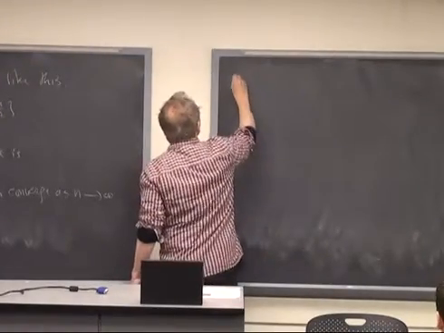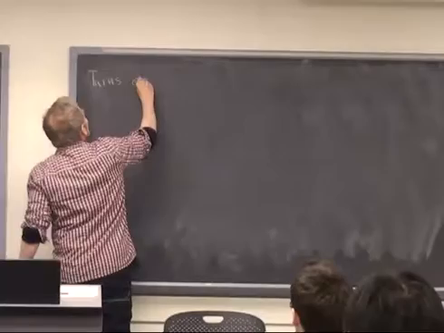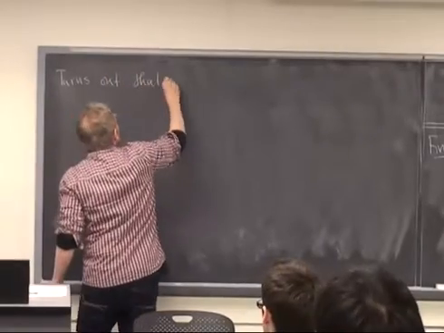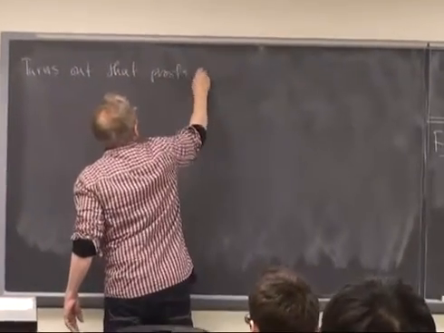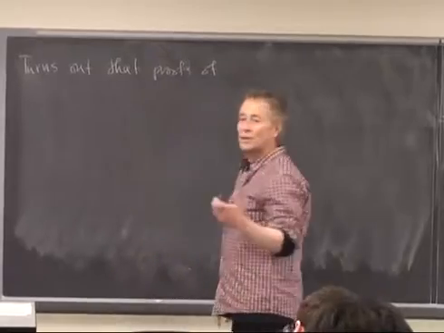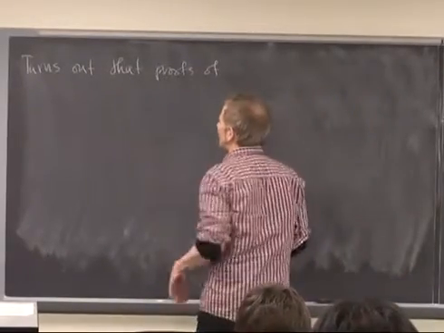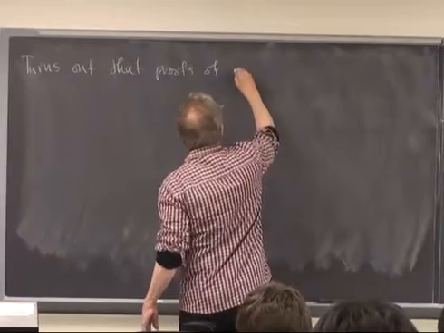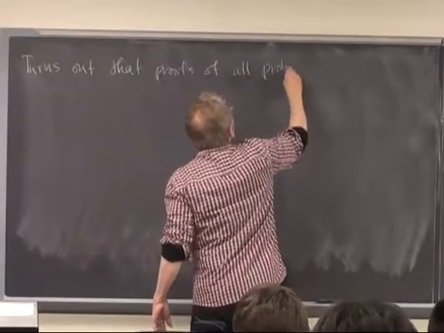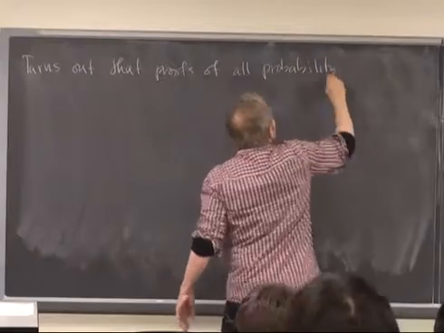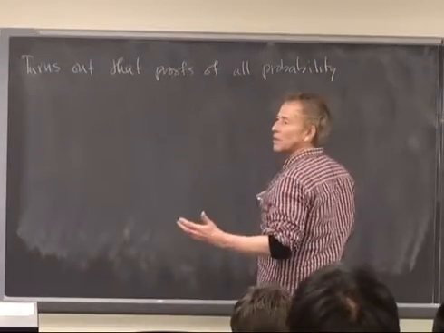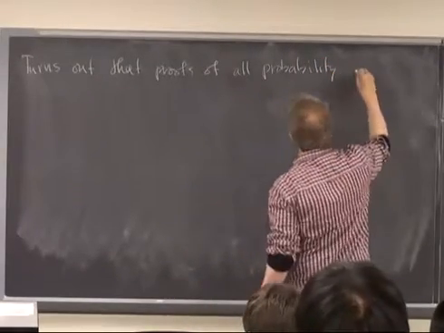It turns out that the proofs of all the probability 1 convergence stuff that we talked about depend on a really important result from probability theory. I'm not going to show you in class how they depend on this. You can see it in the handout if you want.